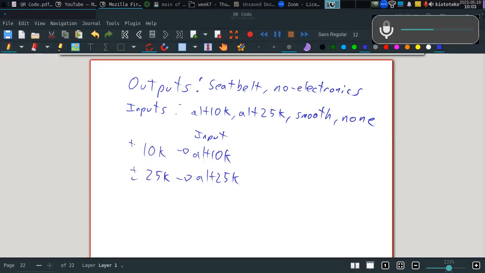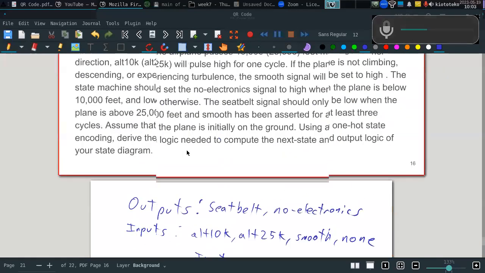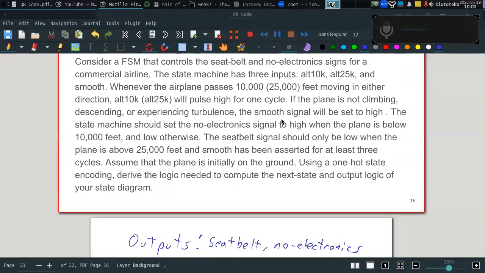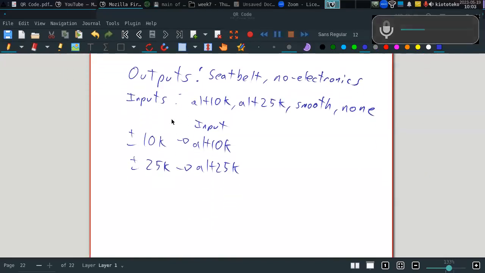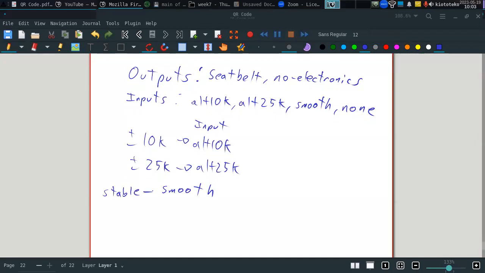So it will activate this input when it ascends 10K or descends 10K, and when it ascends 25K or descends 25K. And when it's smooth, so when it's not climbing, descending, or experiencing turbulence, you have your smooth, no? Say when it's stable, which I think is a synonym for smooth.